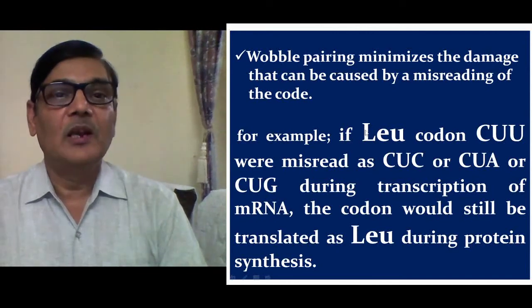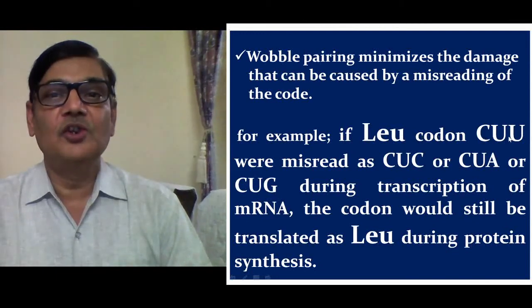For example, we know that leucine is encoded by the codon CUC, and the other three codons, CUU, CUA and CUG, also recognize the leucine amino acid. So when you observe the genetic code dictionary, you will find that there are actually six different codons which encode for the leucine amino acid.